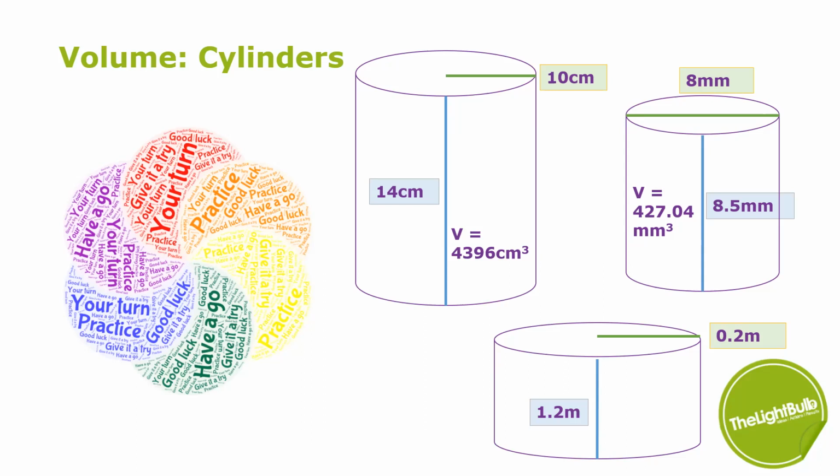Okay, so 3.14 times 0.2 times 0.2 times 1.2 gives you the answer of 0.15072 meters cubed. That's quite a long answer there. You may wish to abbreviate it to 0.15 if you like.